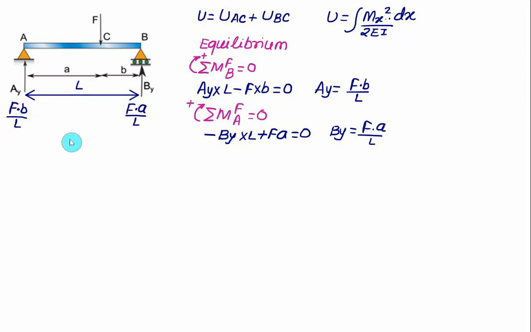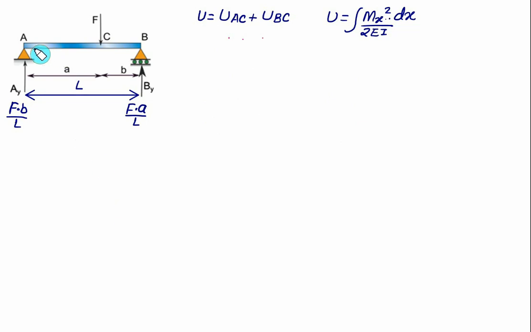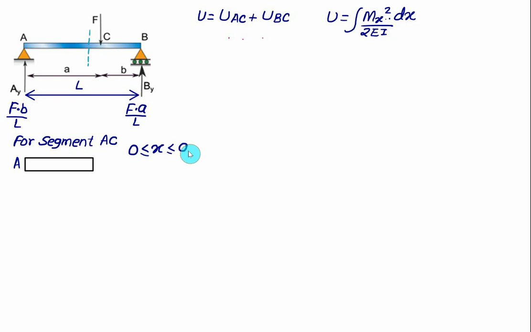Now we'll make a cut here to find the strain energy for the beam AC. So we are slightly on the left hand side of C. Let's consider here the segment AC. This point is same as A and we are slightly on the left hand side of C. That is, we have limit 0 less than or equal to x less than or equal to A minus, meaning we are slightly on the left hand side.